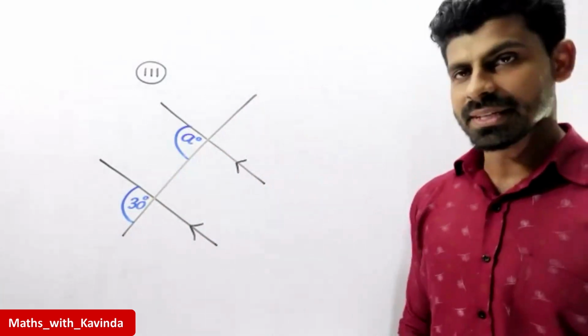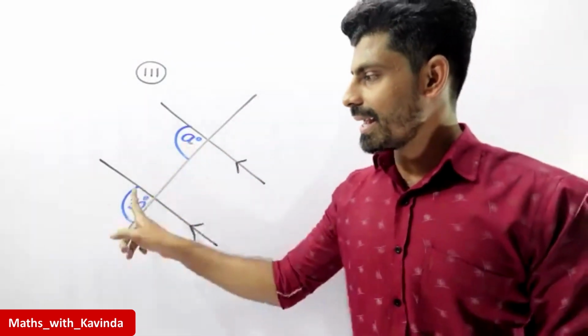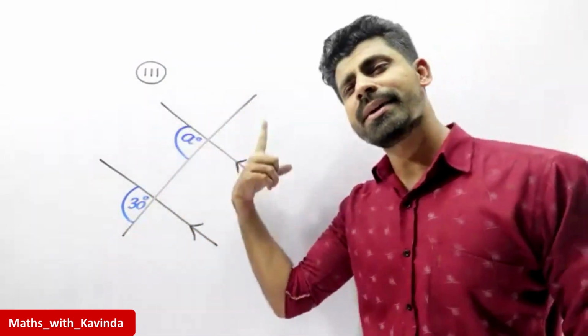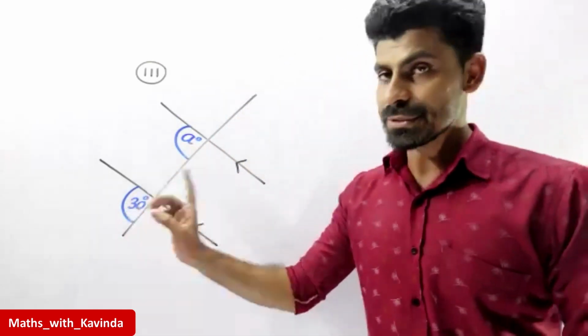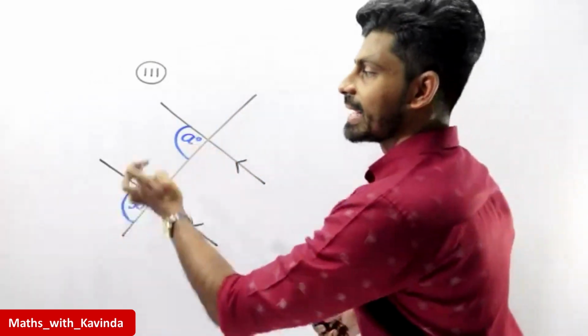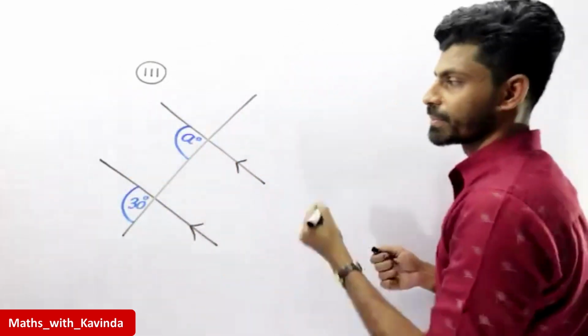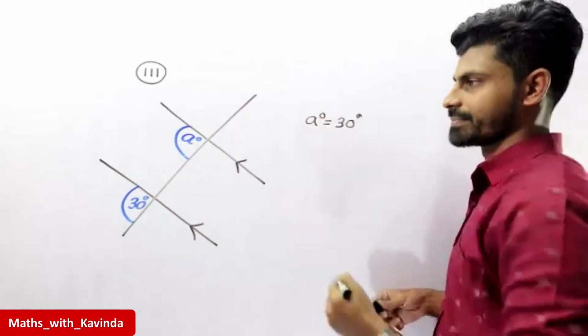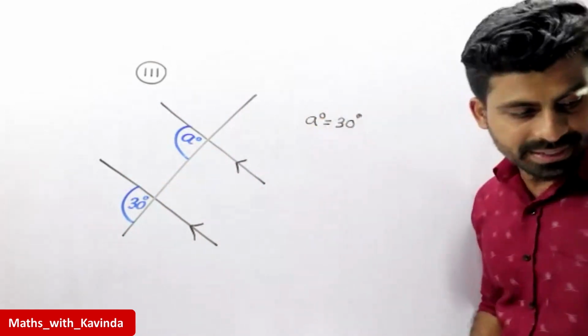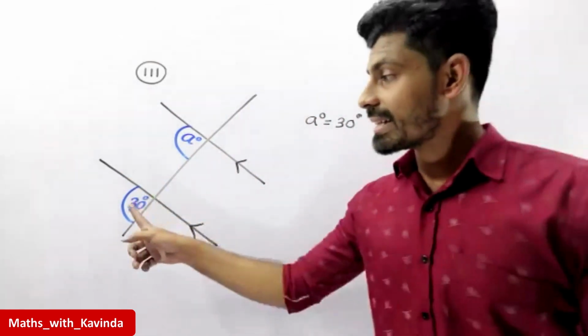Look at the third example. A is 30, and I'm going to find all the angles here. A equals to 30. Why? Corresponding angles. Now look at this one.